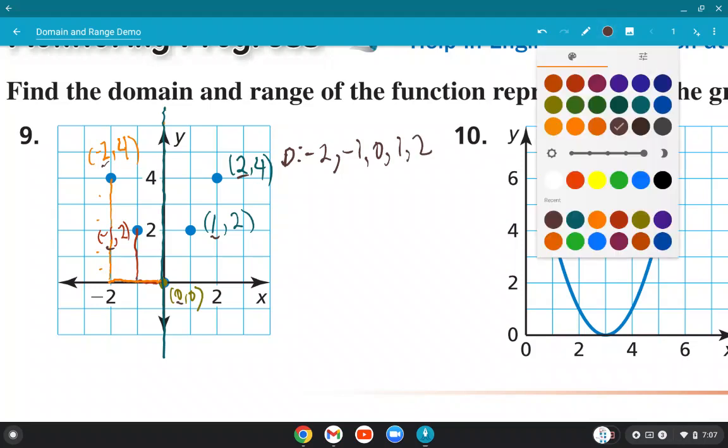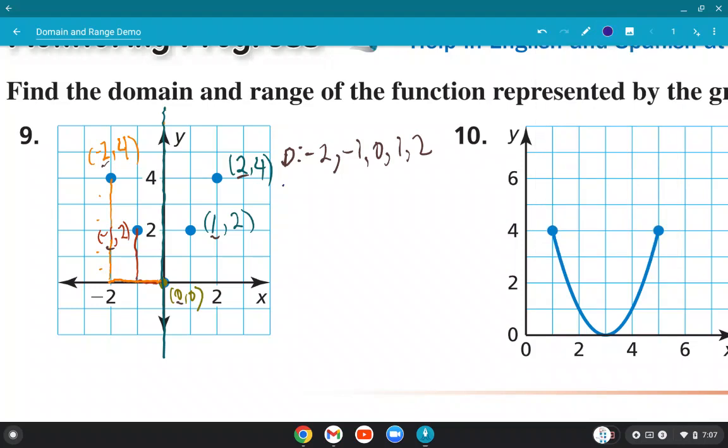Then our range will be the y values or the numbers to the right that complement. So this is going to be 4, 2, 0, 1, 2. There you go. That's our domain and range.